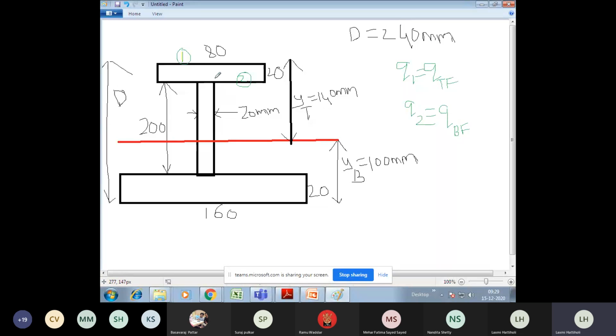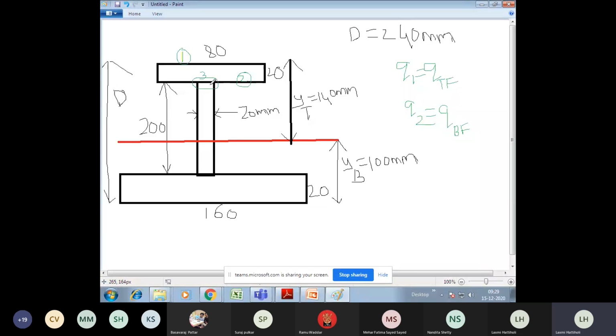Next, the third calculation is here. Where is this third point? Please observe my sentence carefully. The third point is at the junction of the bottom of the top flange and the top of the web. Am I correct? Concentrate on my words.